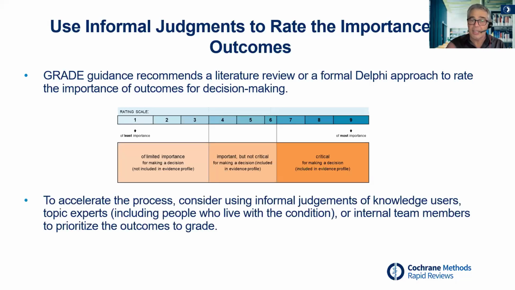To expedite the process, consider relying on informal assessments from knowledge users or internal team members to prioritize which outcomes should be graded. This would mean moving away from the formal Delphi method or conducting another review, and just having an internal team rate the importance of outcomes.